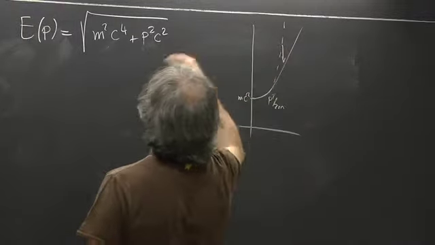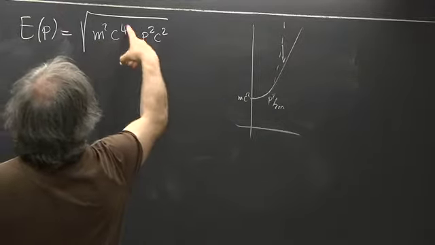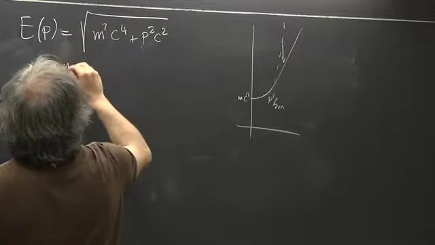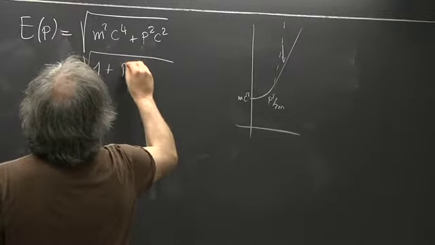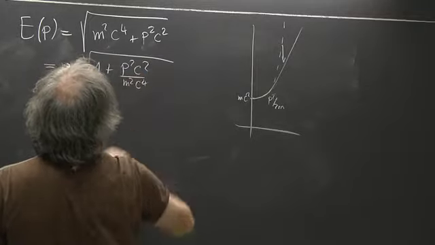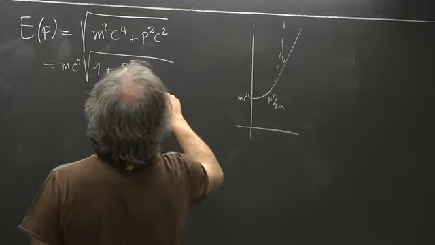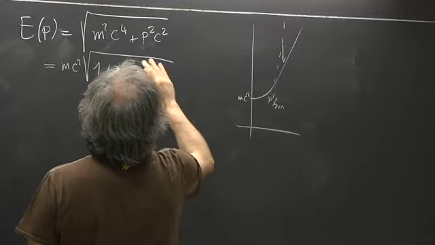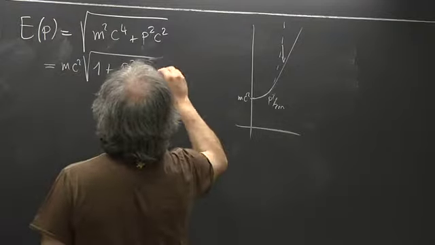Okay, let's calculate them. Obviously, I want to expand in p, so let me put this outside: mc squared times the square root of 1 plus p squared c squared divided by m squared c to the fourth. Now, you expand this.